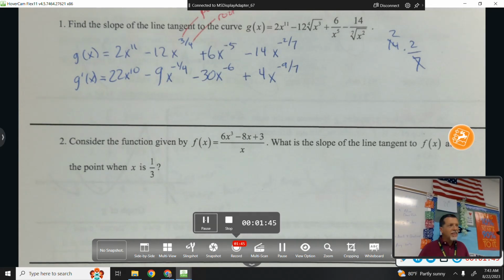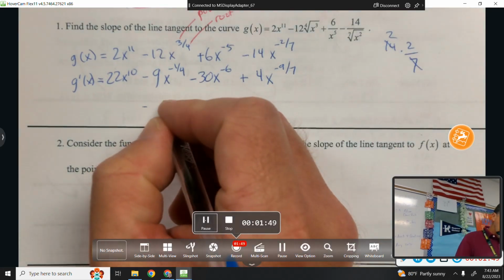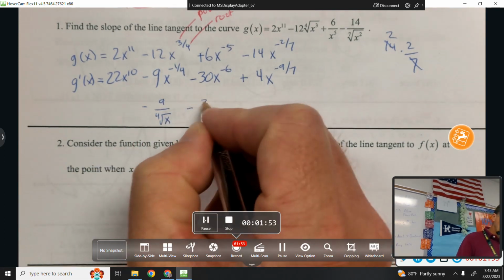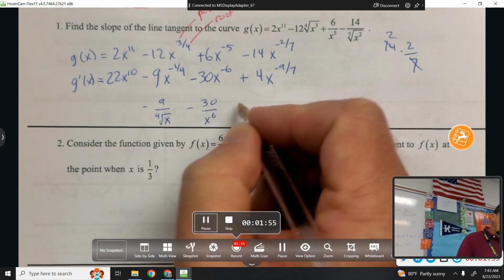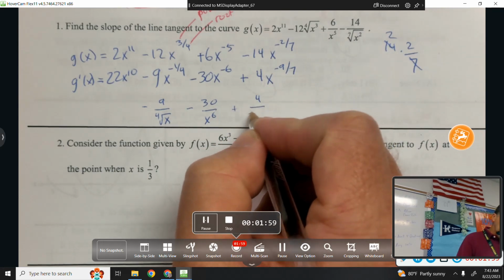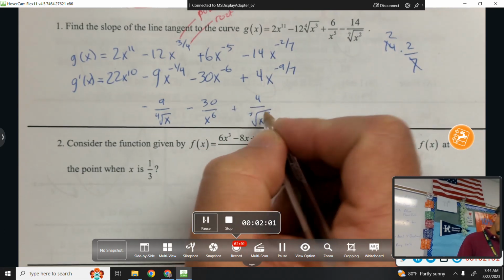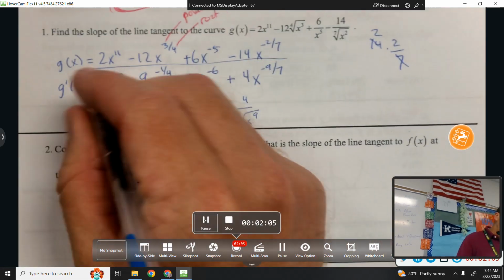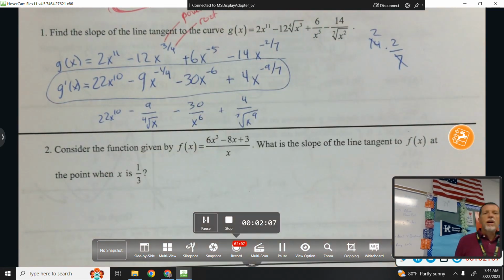That's how I would leave the answer. If it's multiple choice, it's probably going to have negative 9 and the fourth root of x in the bottom, 30 over x to the 6th, 4 over, would that be the 7th root of x to the 9th? So I would never write it that way, but a multiple choice test might write it that way.